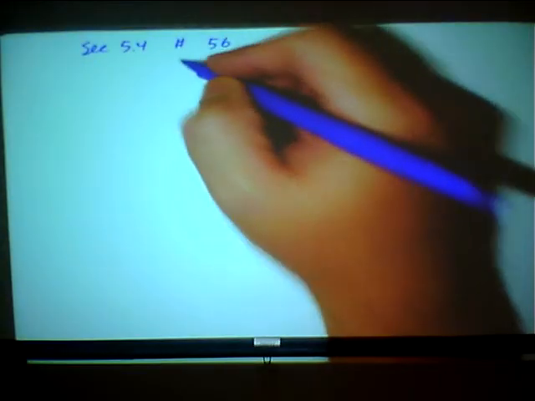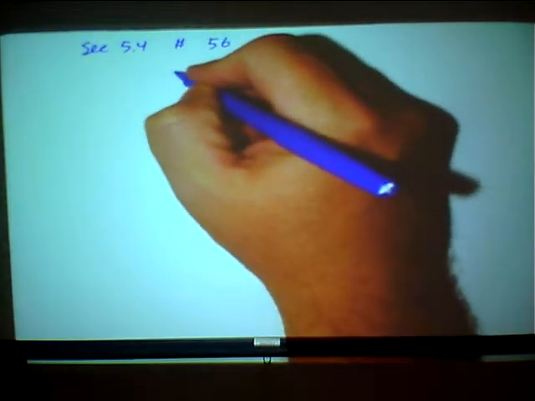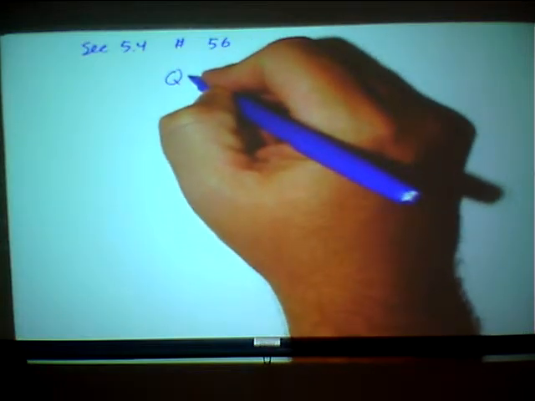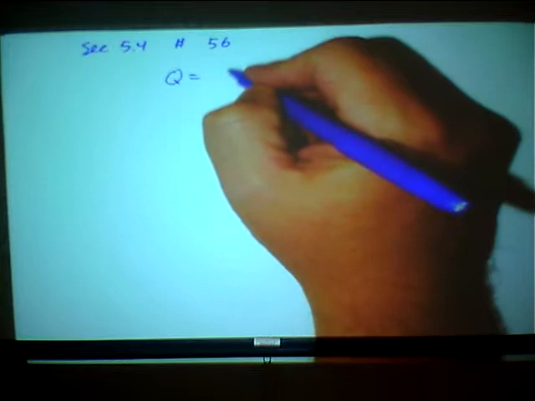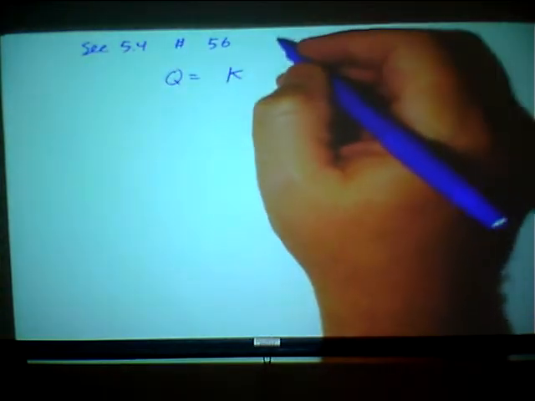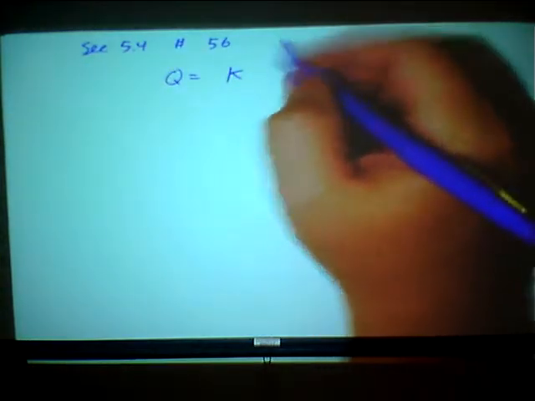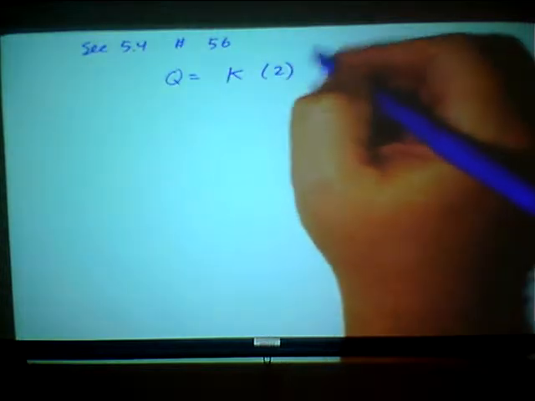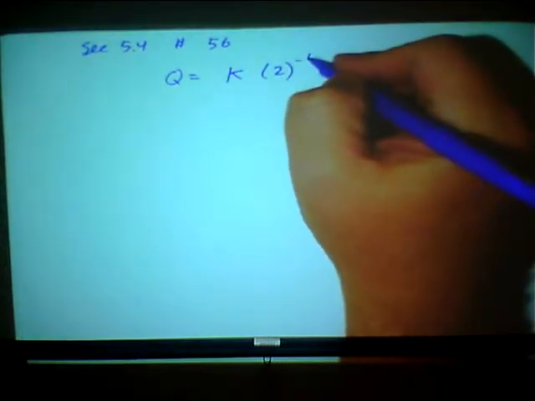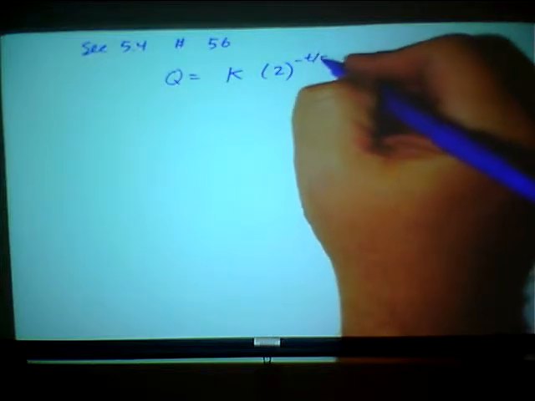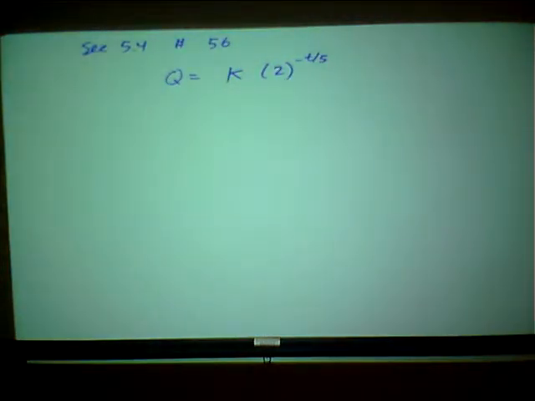So it says this isotope decays according to this equation. Q equals K times 2, and the exponent on the 2 is minus T over 5.